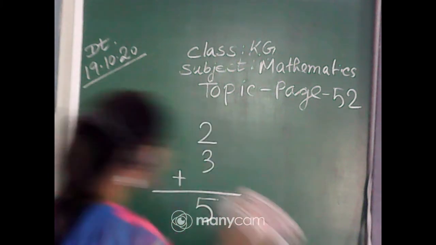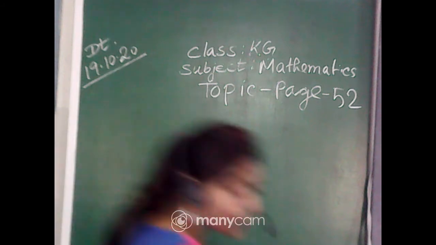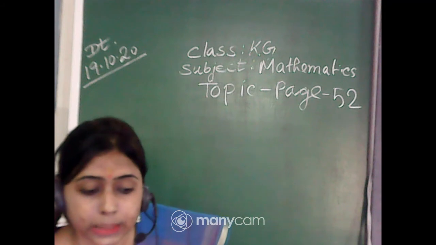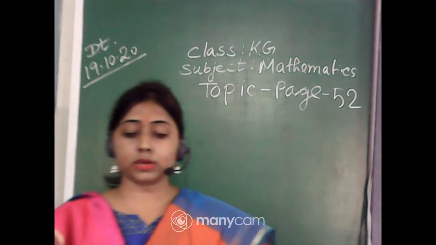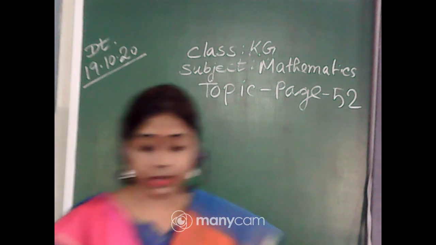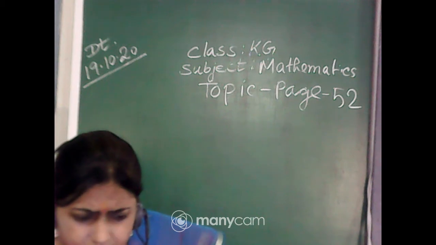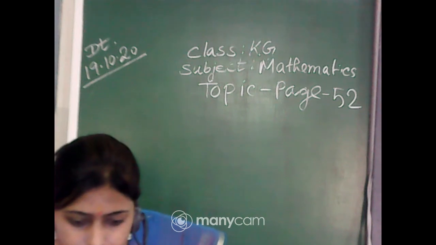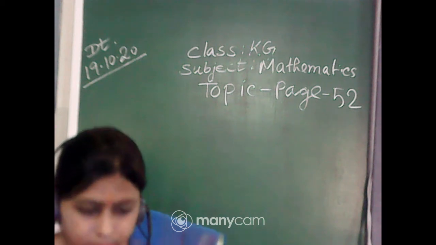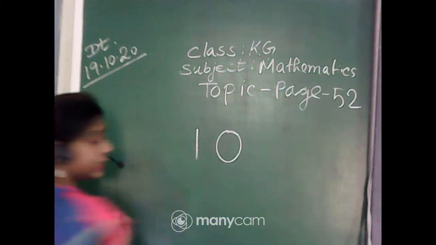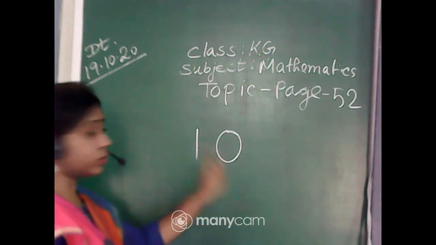Now if you count 10 plus 1, the first number is a 2-digit number, and starting from 10, you all know it. You can see 1 and 0, a 2-digit number.